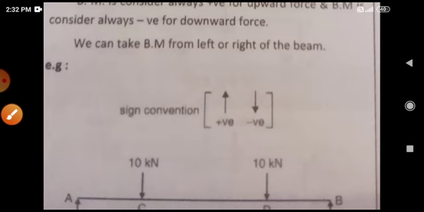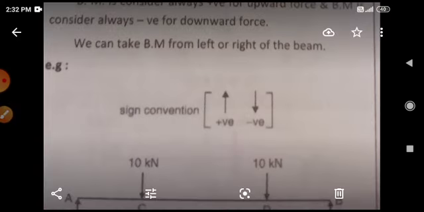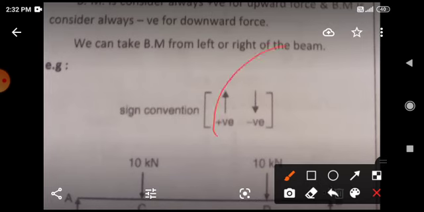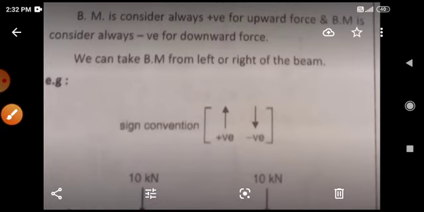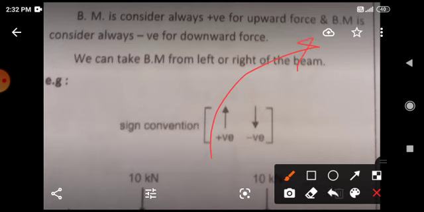Sign convention: if it is clockwise, it is to be considered positive, and anti-clockwise is to be considered negative.